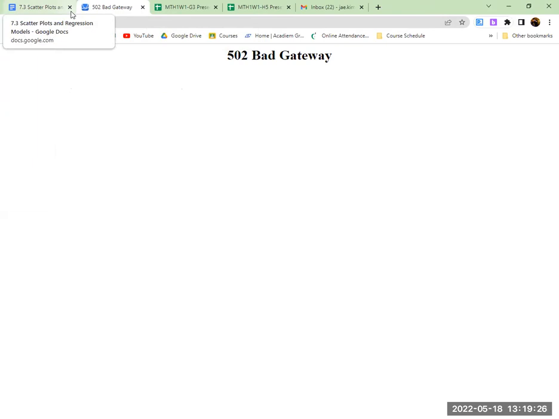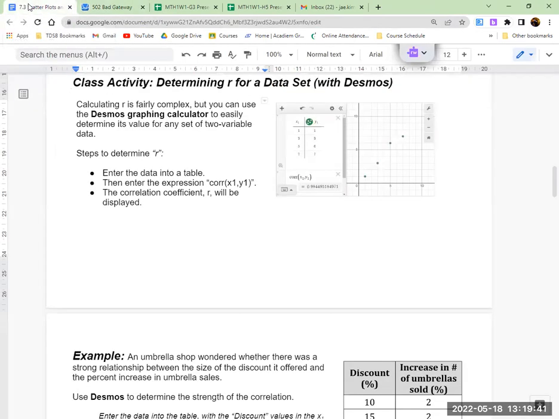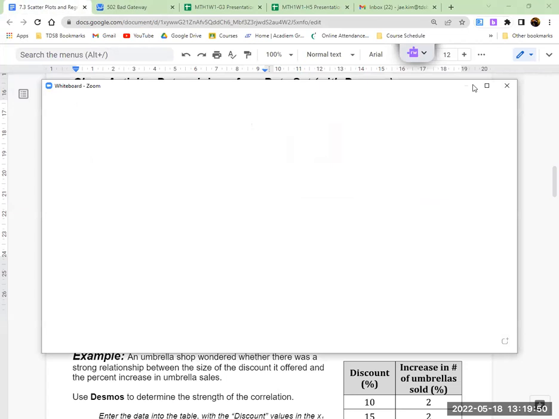Give me a sec. Yeah, it's either they crashed or something. All right, well, it is what it is. Maybe by the second example it will be good, but we're gonna have to wait it out. Well, that sucks. That ruins everything. Okay.